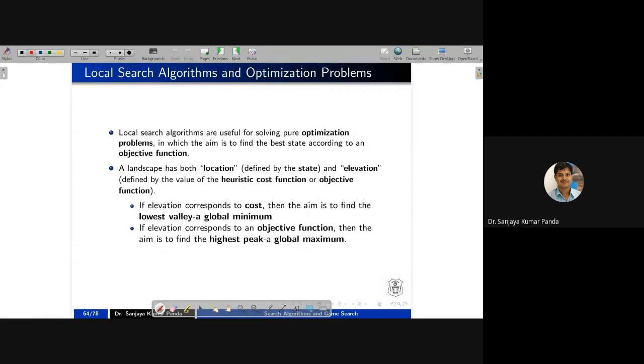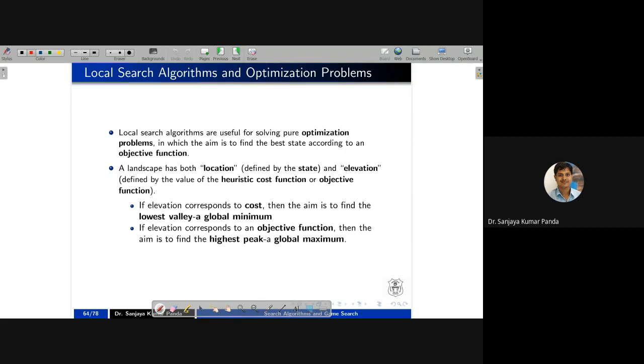Here, when you go for an optimization problem, we have an objective function, and we also have a fitness function. Fitness function will tell you whether a particular solution is good or not. Objective function is going to guide you, but fitness function is going to give you a fitness value.